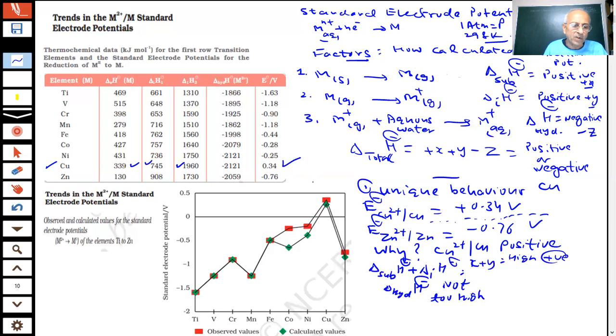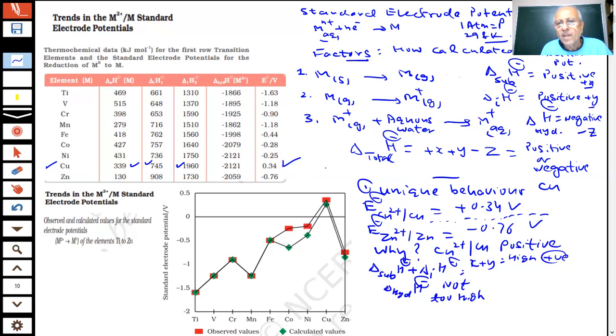The first question is why the value for copper is a positive electrode potential, whereas the rest of the elements have negative values. The answer lies in higher sublimation and higher ionization enthalpies, not compensated enough by the hydration enthalpy of copper 2 plus.